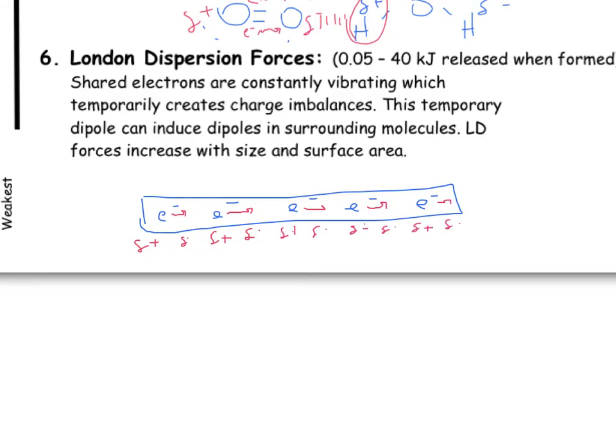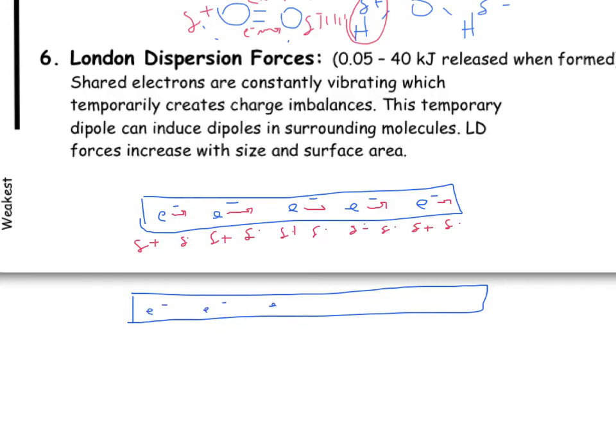Now, when this molecule is brought next to another one that has electrons in it, this electron here is repelled by the electron moving this way. So it waves in the opposite direction, setting up a slightly negative, slightly positive.